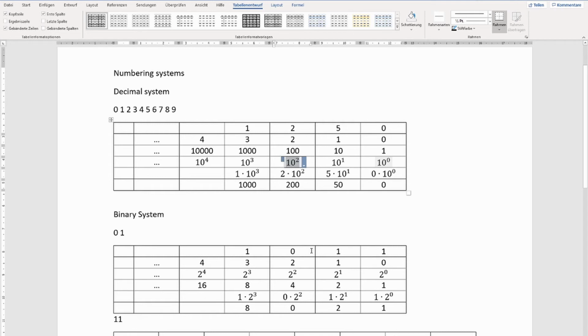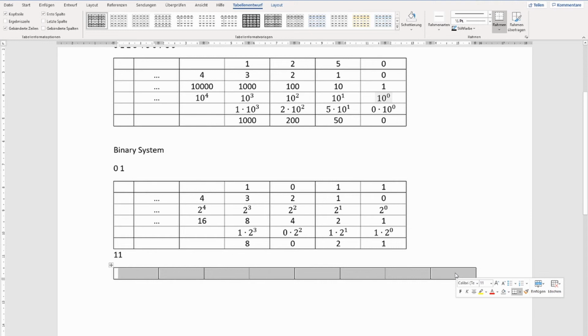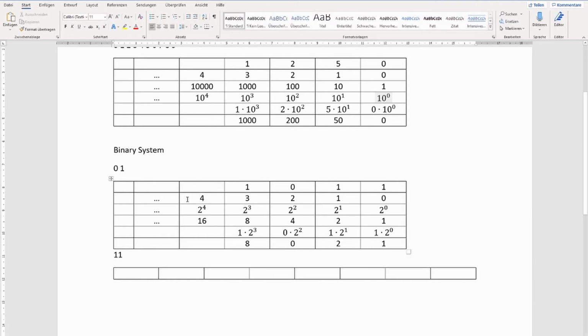Yeah? Plus 0 is 1000. That's the maximum number for a 3-digit decimal number. And so on for a 4-digit decimal number.